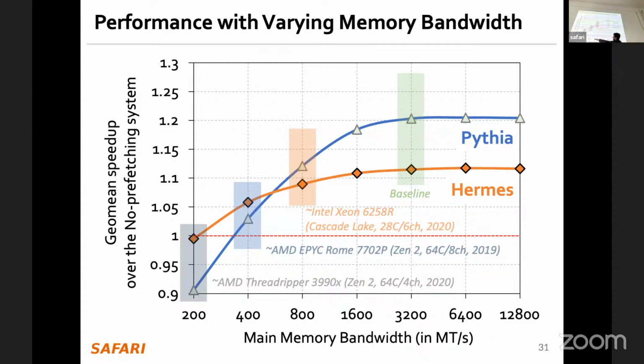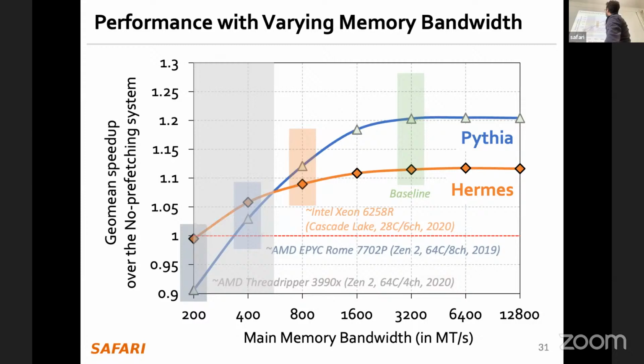The more you go to the left, the more constrained it gets. For example, this is a Threadripper configuration which had 64 cores and 4-channel memory bandwidth, something like that. But what you can see here is that when the bandwidth gets very constrained, at some point Hermes starts performing better than what the prefetcher would do, because the prefetcher is basically harming the performance.